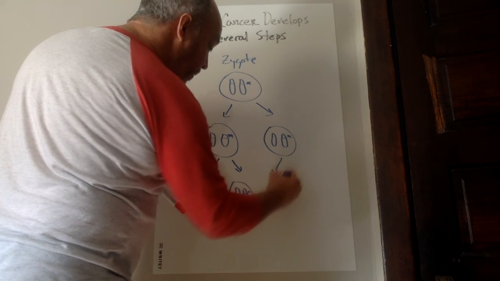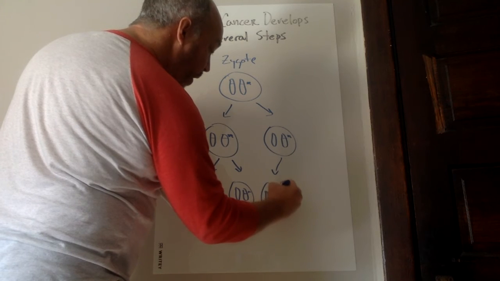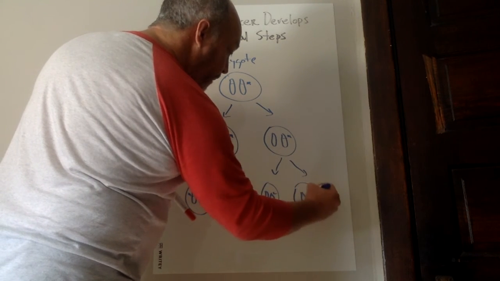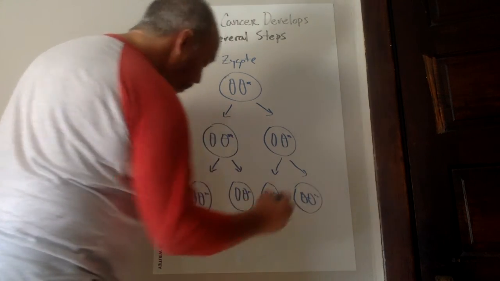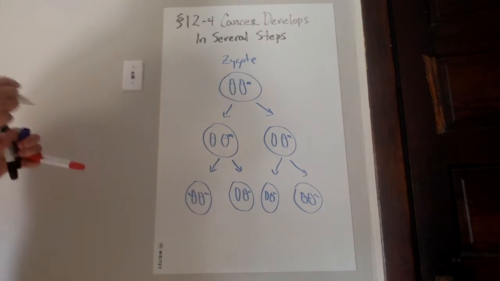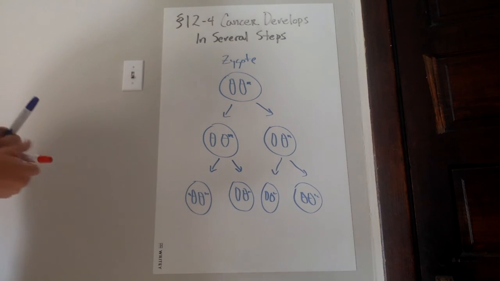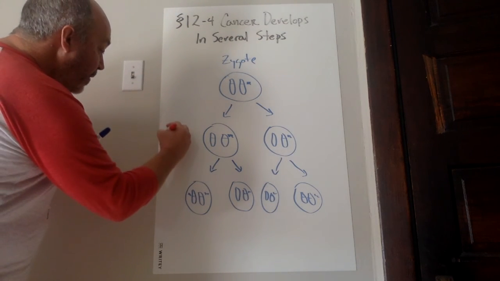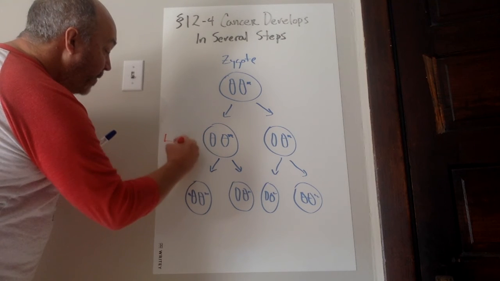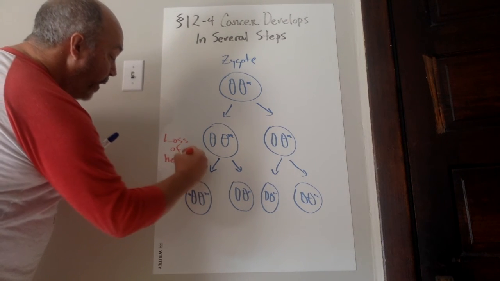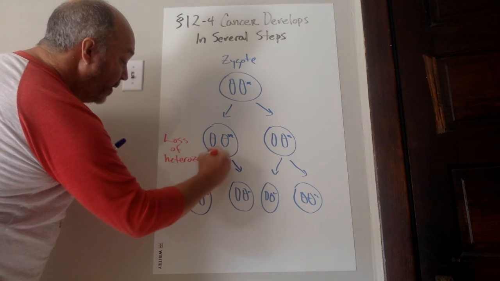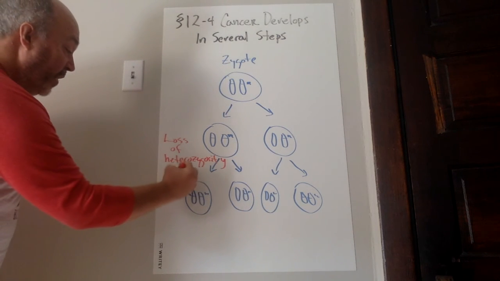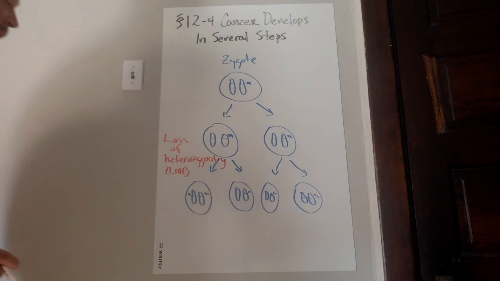This cell line would still go on normal, meaning one gene mutated. But now we have two mutated genes in the same cell. When we go from here to here, this is what is known as loss of heterozygosity, or they give the abbreviation LOH.